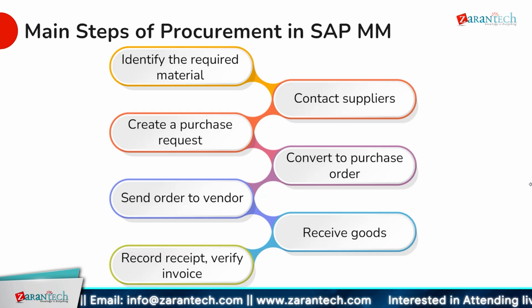And finally, the vendor invoice is verified against the purchase order and goods receipt to ensure accuracy, and the payment is processed accordingly. SAP MM streamlines these procurement steps, providing a structured and controlled process for managing purchasing activities.